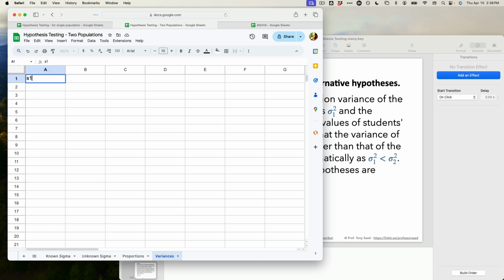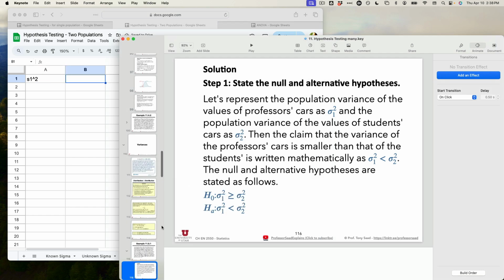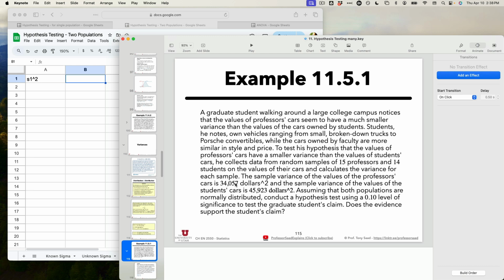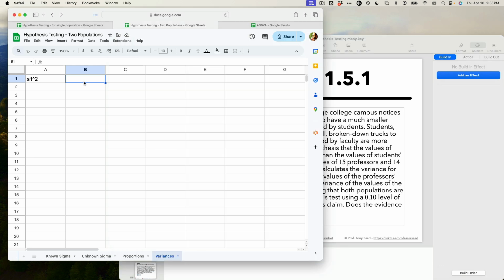Sample 1 variance, or S1 squared. In this case, what was S1? It was 34,057.